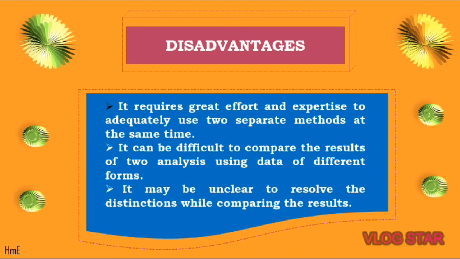It can be difficult to compare the results of two analyses using data of different forms. The researcher may have problems when he integrates the findings, because he has to handle the two types of data, that is qualitative data and quantitative data.